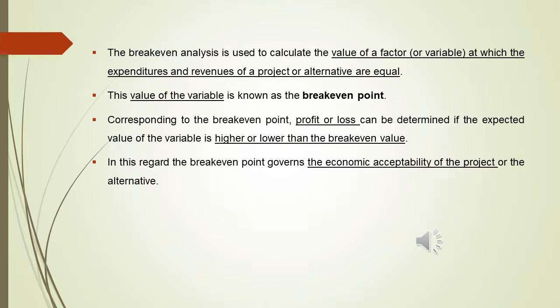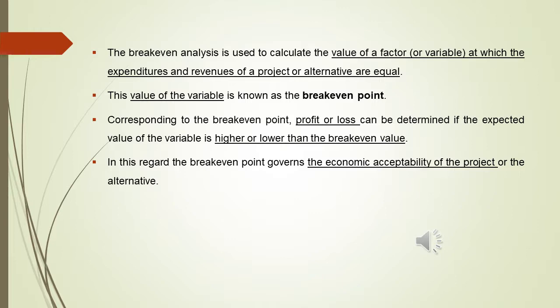Corresponding to the break-even point, either profit or loss can be determined, depending on whether the expected value of the variable is higher or lower than the break-even value. Based on the break-even value, you will figure out the profit or loss. In this regard, the break-even point governs the economic acceptability of the project or the alternative.